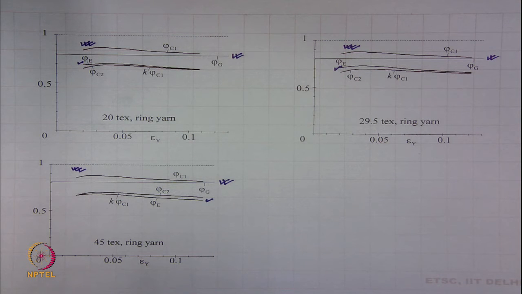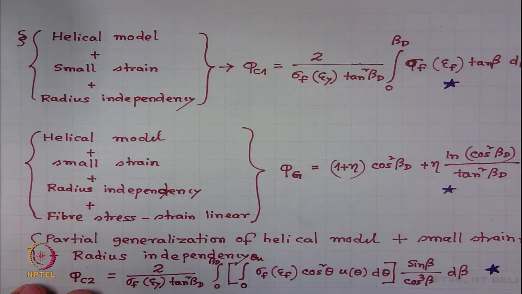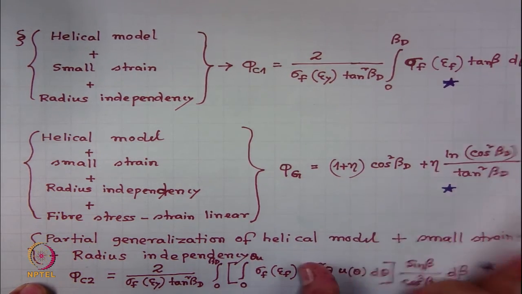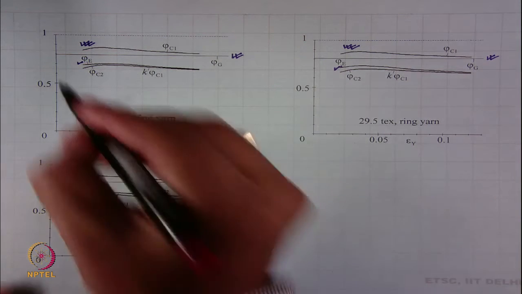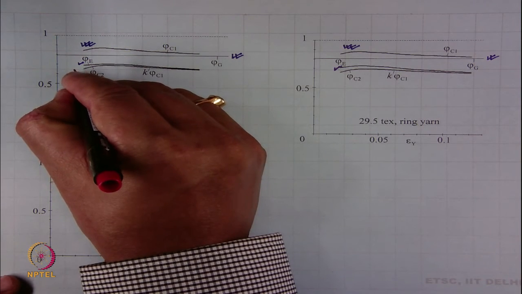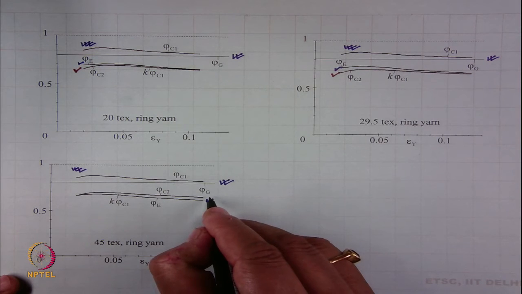And the partial generalization of helical model, that is your phi subscript C2. This was also solved using the same numerical integration technique, and we obtained this curve, this one and this one.